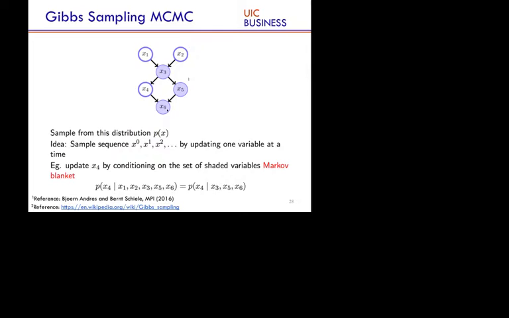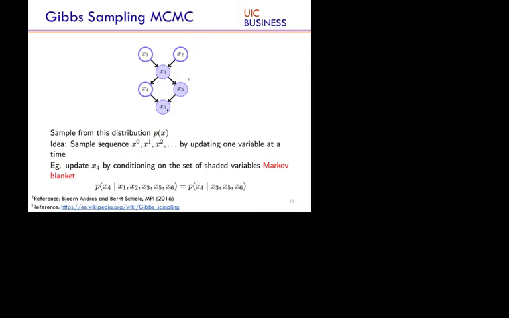Let's say we start from a sample, arbitrarily chosen in the support of the joint distribution, which is x0. We're going to generate a sample x superscript 1 by updating the 6 coordinates of x0 sequentially, one at a time. That's the idea of Gibbs sampling.